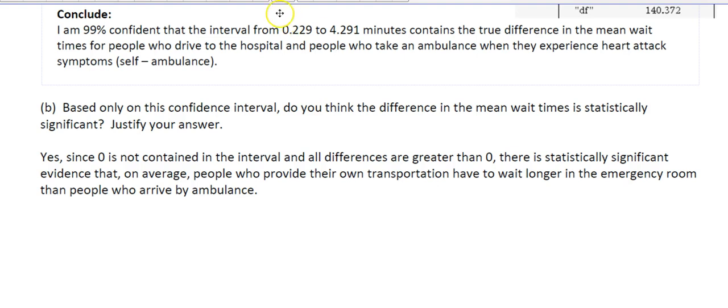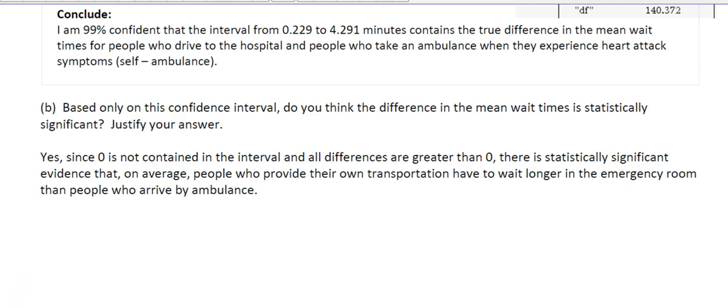But since all the differences here are positive, when we subtracted self minus ambulance, we can conclude that there is statistically significant evidence that on average, make sure that you include that in there, because this is not every single person, but on average, people who provide their own transportation have to wait longer in the emergency room than people who arrive by ambulance.